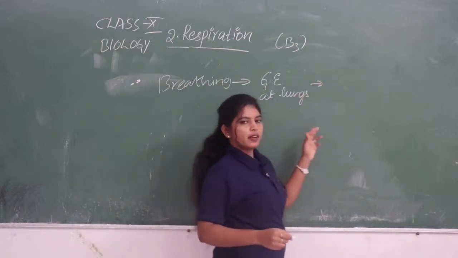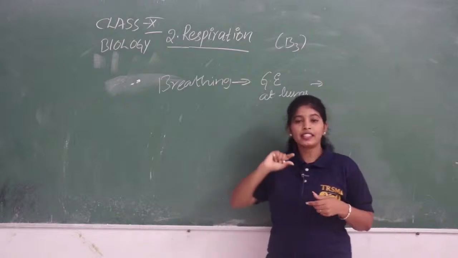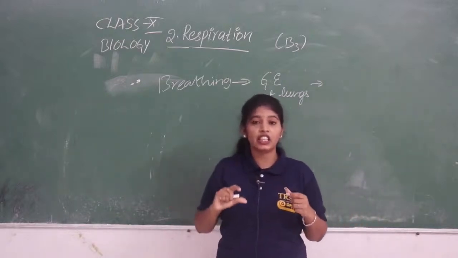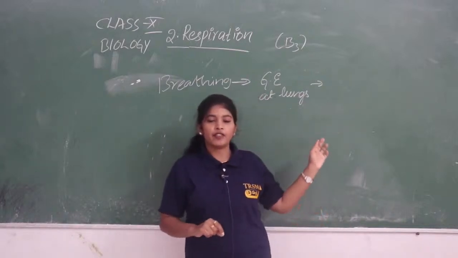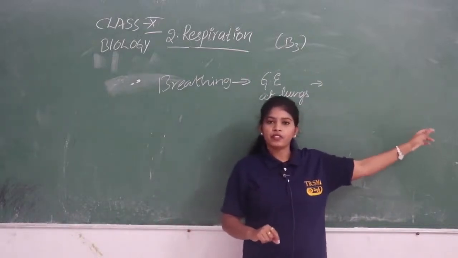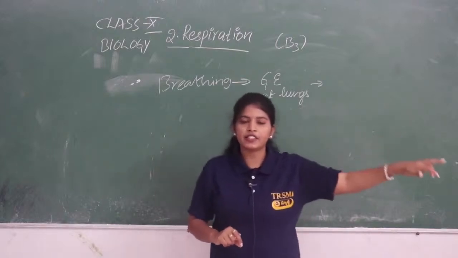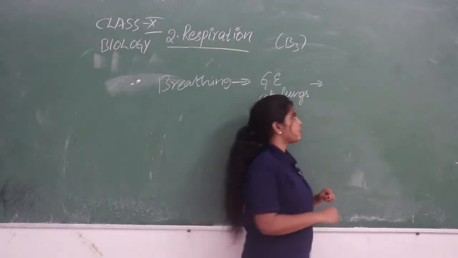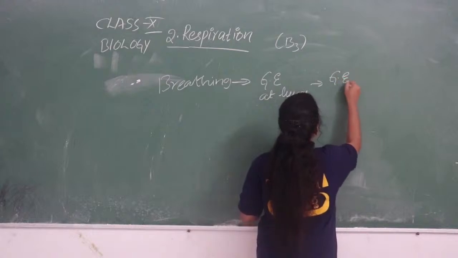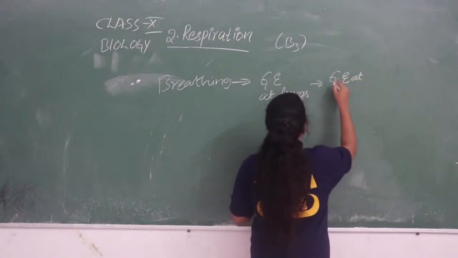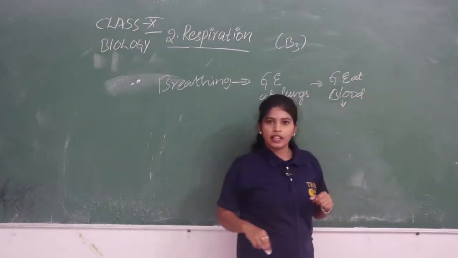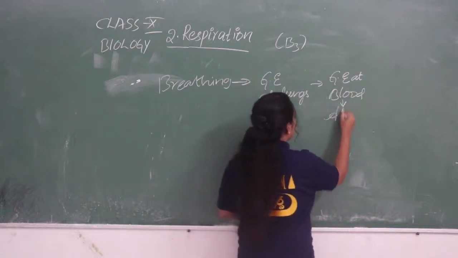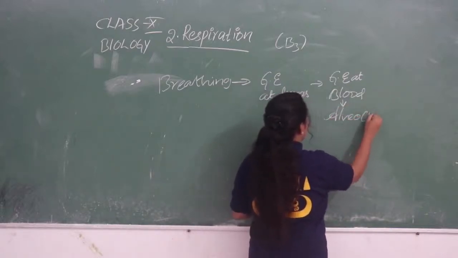And after all, you will observe the alveoli, meaning gaseous exchange in the alveoli and the blood, and finally it goes into the tissues and results in cellular respiration. Here also there is gaseous exchange between the alveoli and blood, because the alveoli is present here.